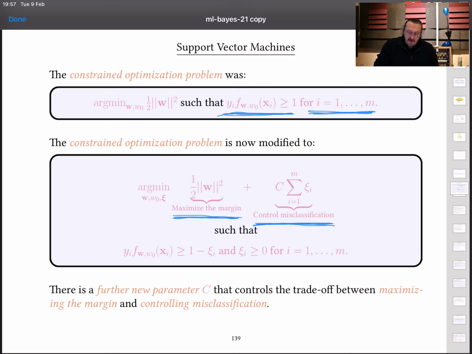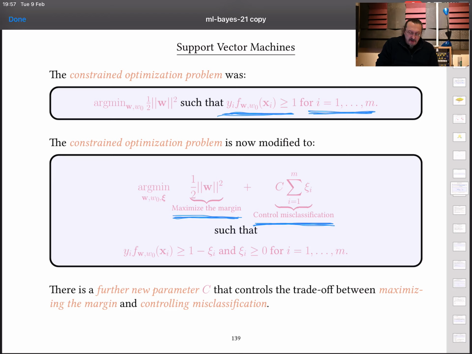So the sum here is trying to keep the slack variables small, and we've introduced a new parameter c, which is a hyperparameter that we get to set that controls the trade-off between maximizing the margin and controlling the misclassification.